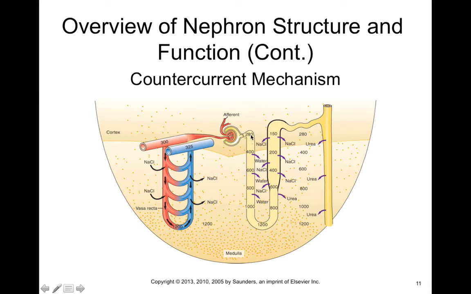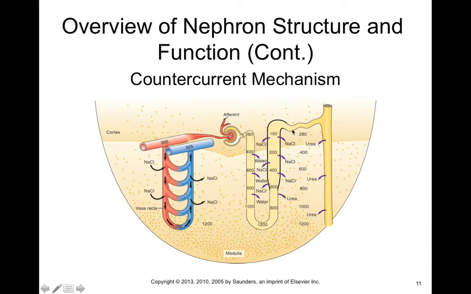So water gets reabsorbed in the descending nephron loop, which makes it a smaller volume of more highly concentrated filtrate. And then as that filtrate moves back up the ascending limb, those solutes are also pumped out. So you end up with a smaller volume of more dilute filtrate by the time it gets to the distal convoluted tubule.